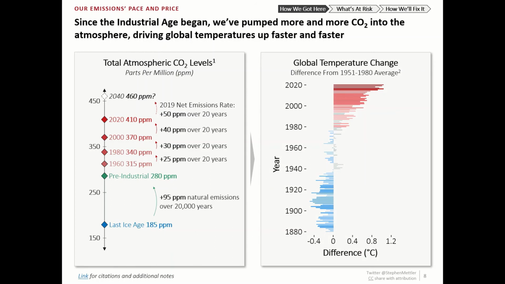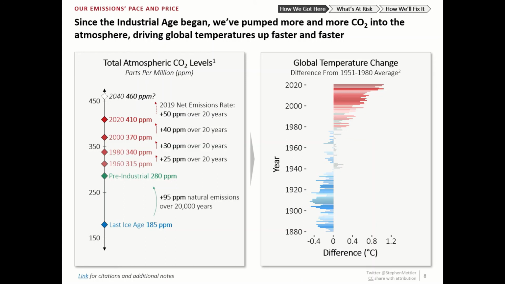This is a graph of the global temperature change for the last 140 years. Its baseline is the 1951 to 1980 average temperature. So anything on the left side in blue is cooler than that baseline. Anything on the right is warmer. And as you can see, there is some year-to-year variation, but the trend is extremely clear.